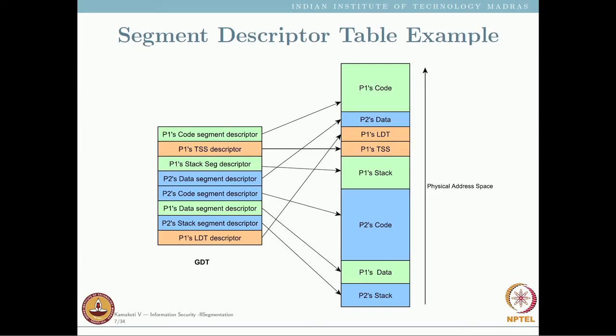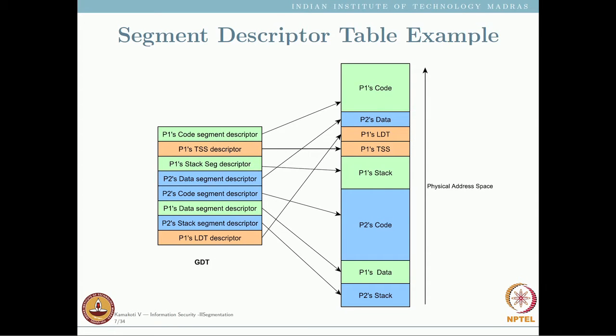Now this is typically how a global descriptor table looks. A global descriptor table or any descriptor table essentially has code segment descriptors, stack segment descriptors for different processes, and it could have a task state segment descriptor. We also understood what task state segment essentially means.